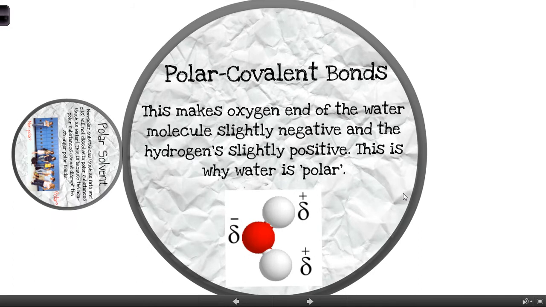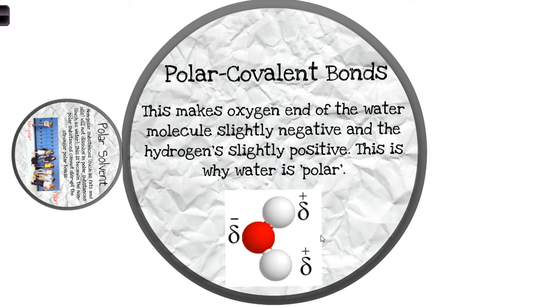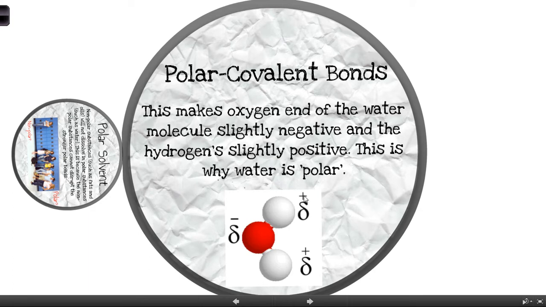So this means that the oxygen end of the water molecule is slightly negative because the electrons spend more time closer to the oxygen. And the hydrogens, which are essentially just a proton with its electron orbiting it, well, if the electrons are shared more closely towards the oxygen, then essentially we have a proton that becomes a little bit more exposed on this end.